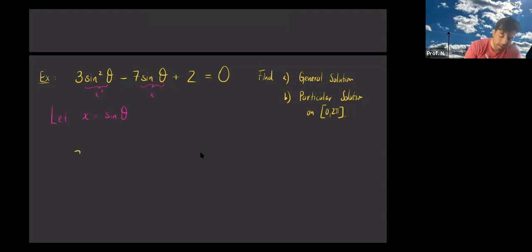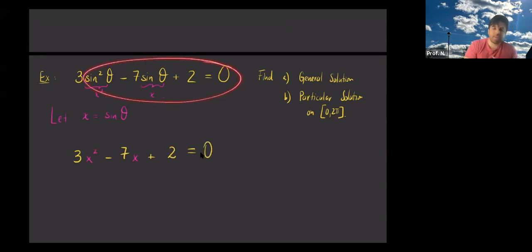So now look what we got: 3x squared minus 7x plus 2 equals 0. In the first equation, we have a trigonometric equation. In the second equation, we have a quadratic equation.